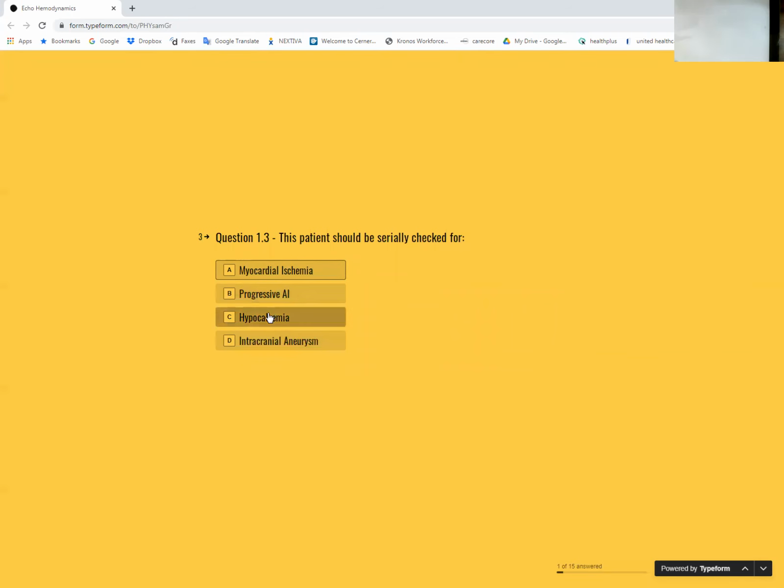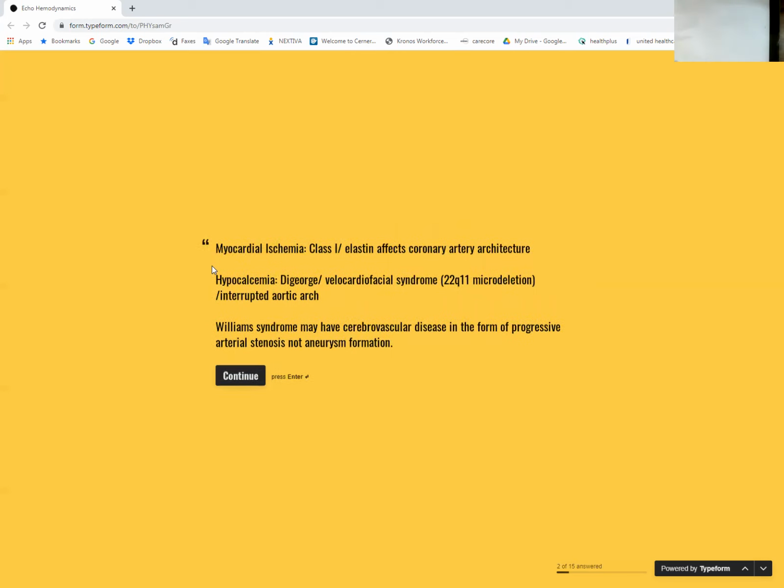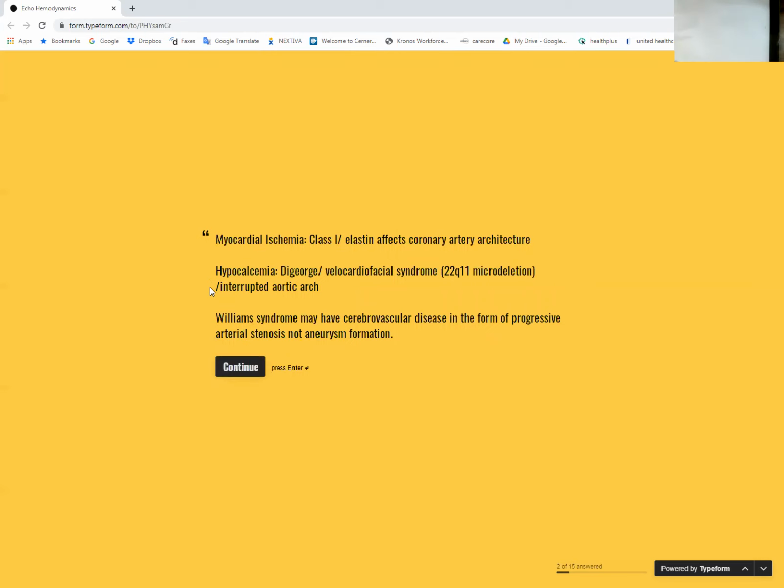Progressive AI, hypocalcemia, intracranial aneurysm. Does anyone know? Is it like ischemic because that's where the coronaries come off above the valve? Yeah, that's a good reason, yes. But their reason was that when you have people with Williams syndrome and elastin abnormalities, you should be checking for elastin.